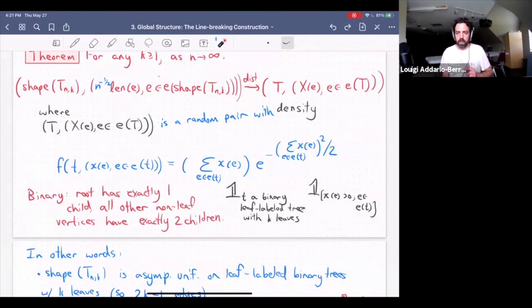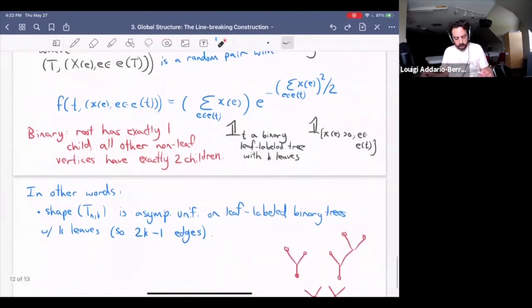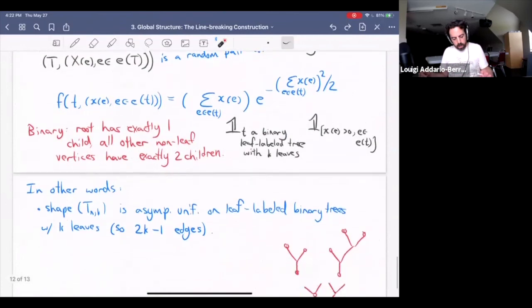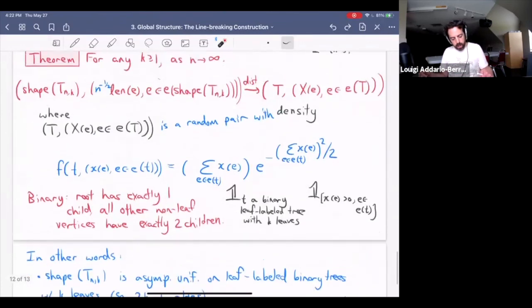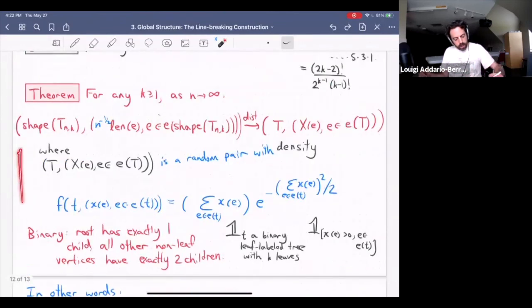If you think of it as an unrooted object, then we're really saying that every vertex has either exactly one neighbor or exactly 3 neighbors. That's an equivalent characterization of binary trees after unrooting. What I'm doing now is trying to give you a bit more intuition for the statement of the theorem.